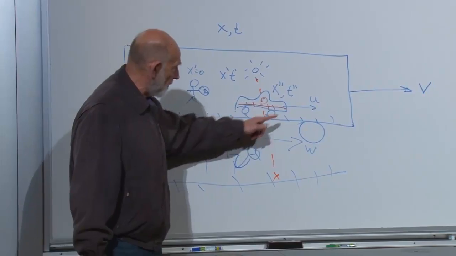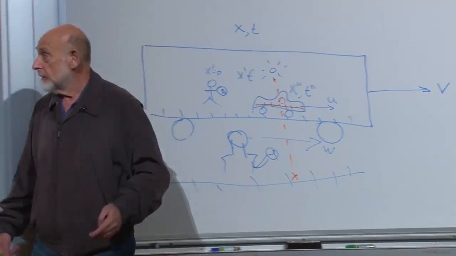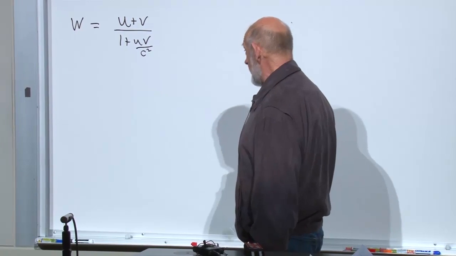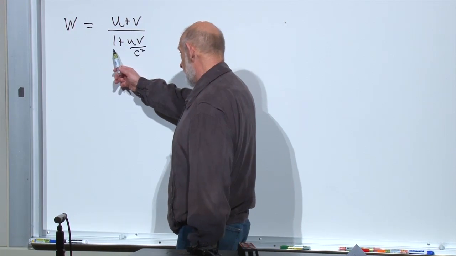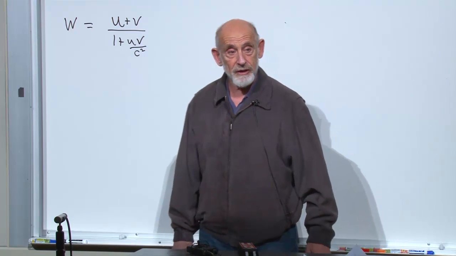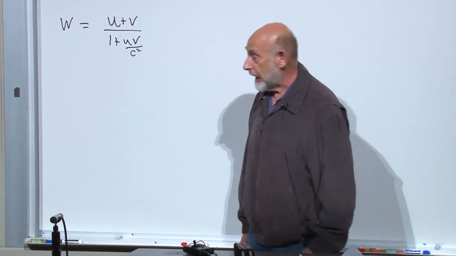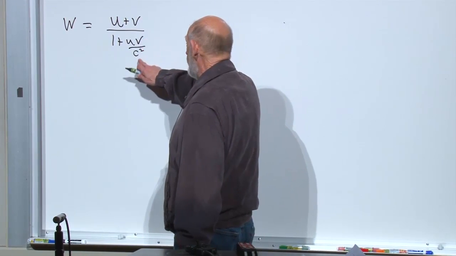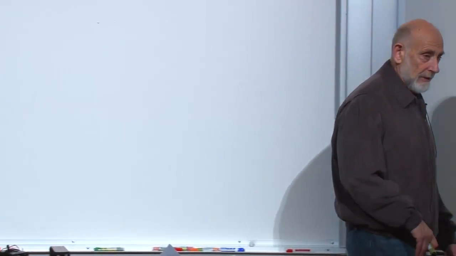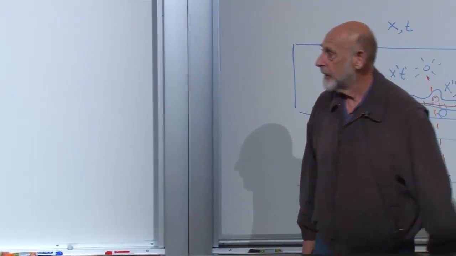The passenger sees the kiddie car moving with velocity u. The answer naively would just be u plus v. But it's not u plus v. It's u plus v divided by something which, as long as u and v are significantly smaller than the speed of light, uv over c squared will be very small. We'll put in some numbers in a minute just to test it out.